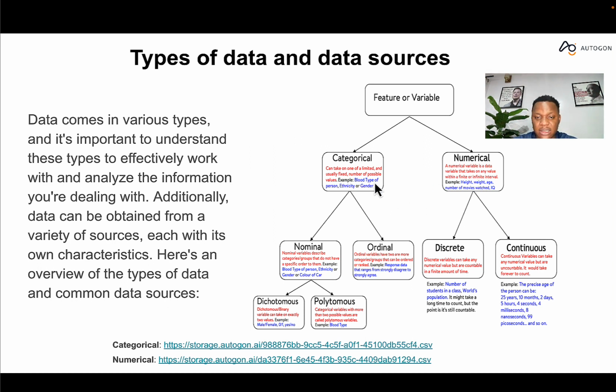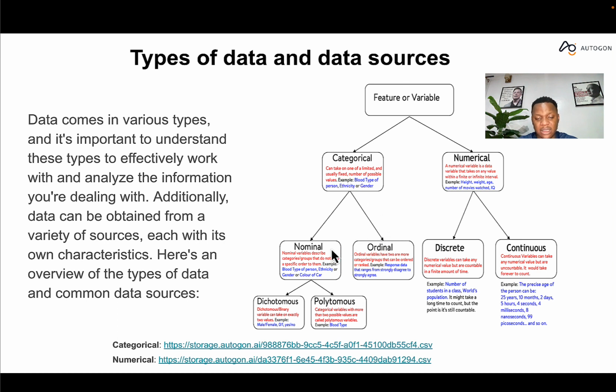This one says it can take on one of a limited and usually fixed number of possible values, and this is saying a numeric variable is a data variable that takes on any value within a finite or infinite interval. So examples: height, weight, age, number of movies, salaries, childbirths every month, every day. Those are different numeric variables.